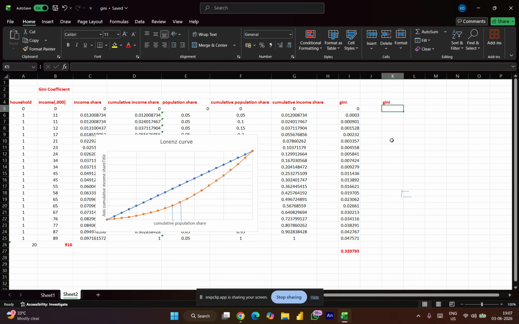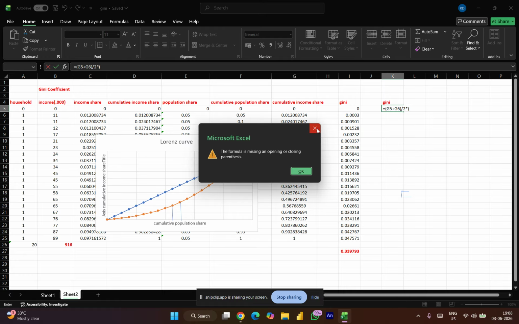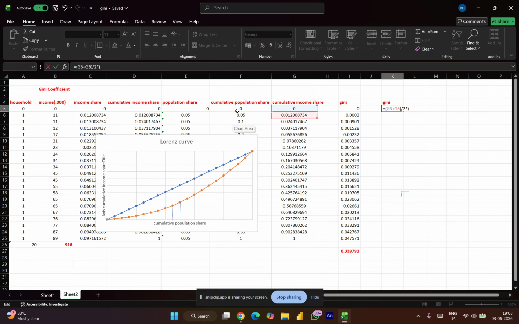So the formula is half of this value, plus this income share, divided by 2, into the cumulative population share, bigger one minus smaller one.